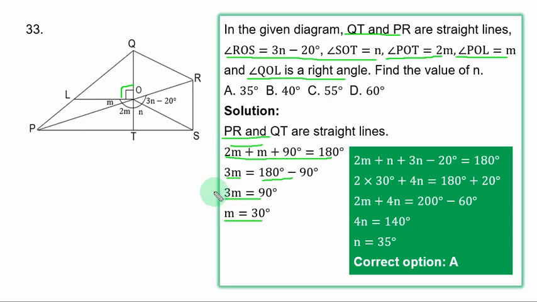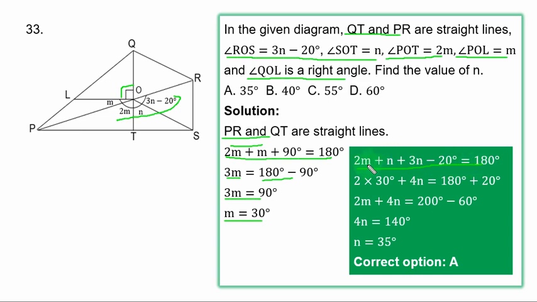Now let's look at line PRO. 2m is there, n is there, 3n minus 20 degrees is there. So you see where we have to get m from QT. So if you add all the angles on line PRO, the sum is also 180.